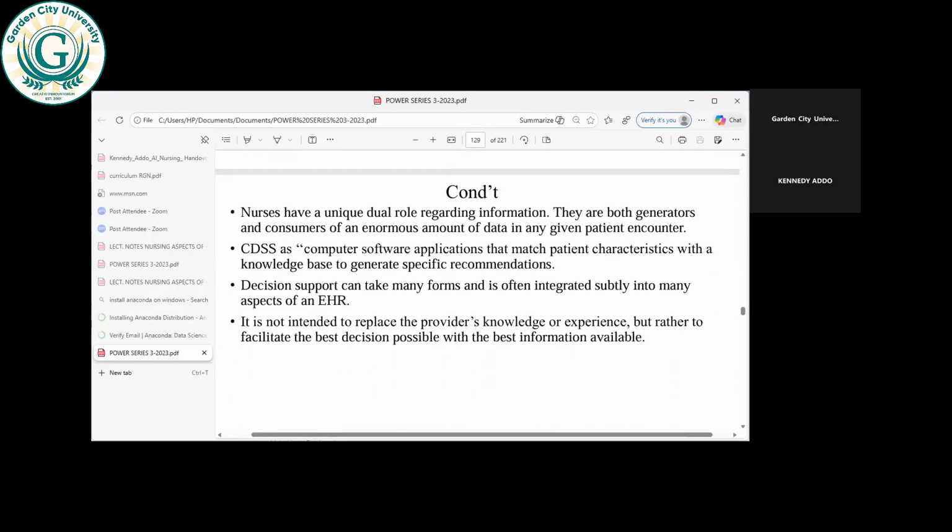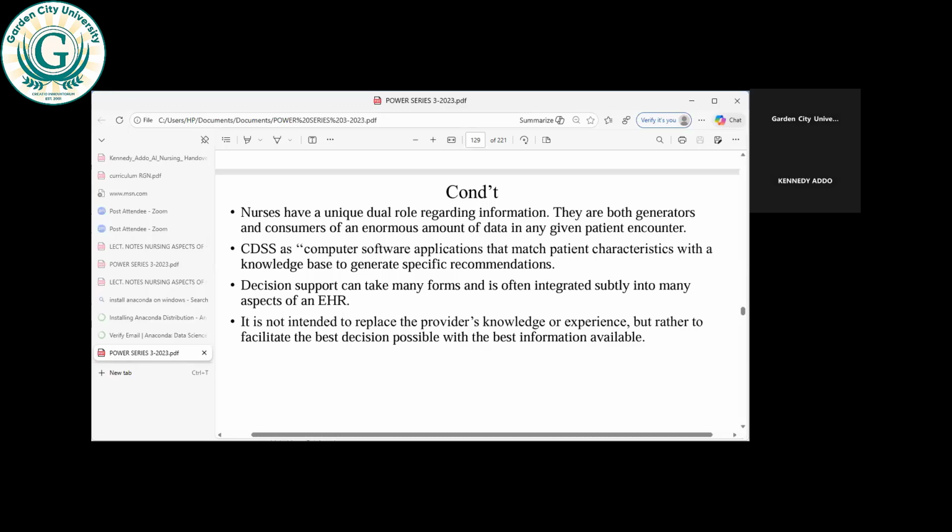Nurses have a unique dual role regarding information as they are generators and consumers of what? Large data sets of information. CDSS is computer software that matches patient characteristics with a knowledge base to generate specific what? Recommendations. So what you have on the system has to do with the patient information, the characteristics of our patient.